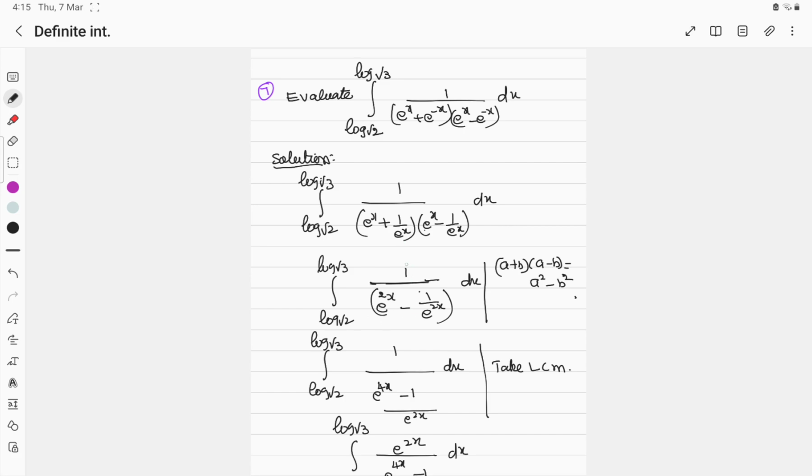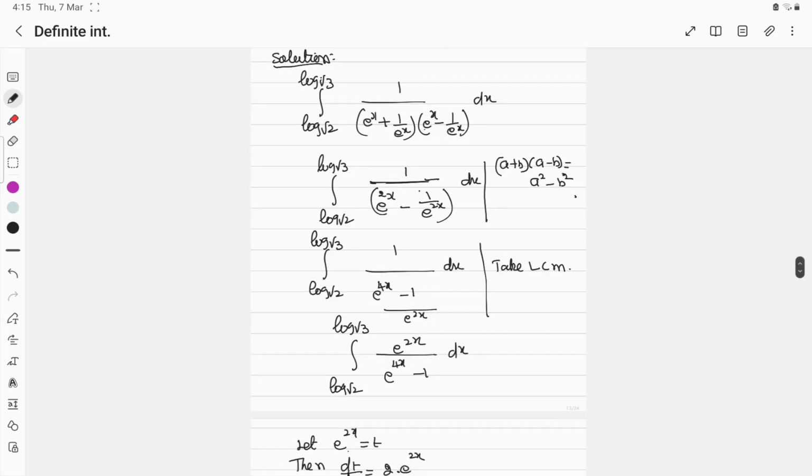Therefore, this becomes 1 by (e power 2x minus 1 by e power 2x) dx. Then taking LCM for the denominator, it becomes (e power 4x minus 1) by (e power 4x) into e power 2x. Then it becomes e power 2x by (e power 4x minus 1) dx.